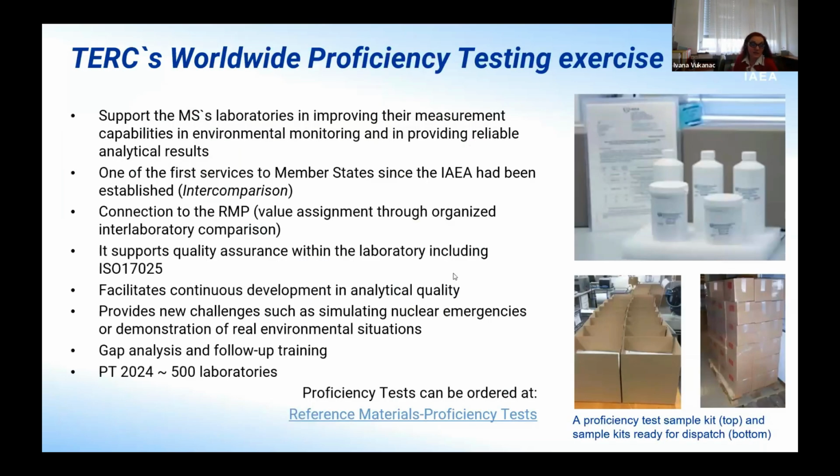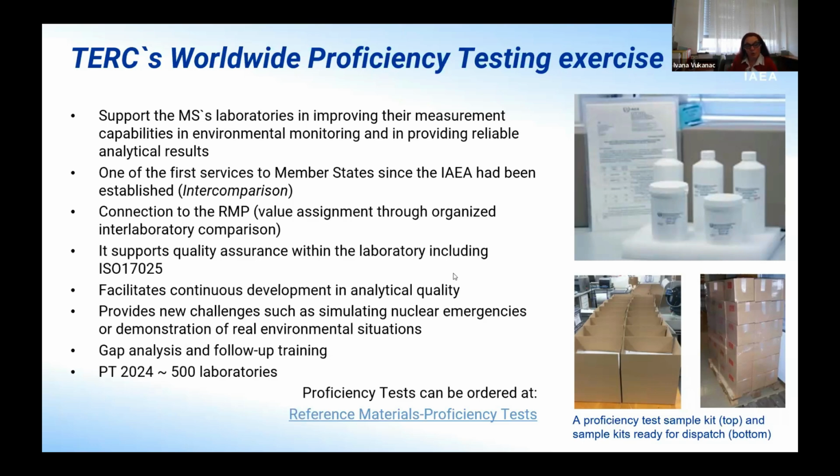And also, as I said in the beginning, I would like to give you some information about the worldwide proficiency testing exercise. It is an activity which supports member state laboratories in improving their measurement capabilities in environmental monitoring and in providing reliable analytical results. This is one of the first services to member states since the IAEA was established.